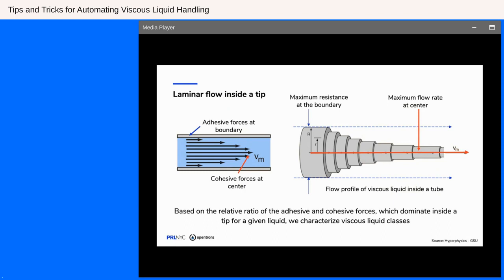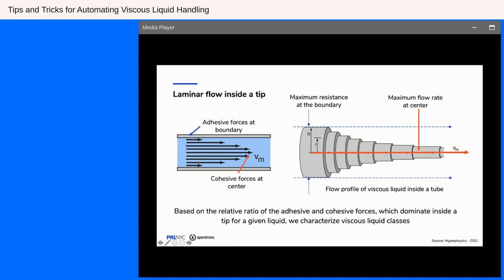As a basic guideline, let's take an example of how liquid flows through the tip. For simplicity, we are considering the tip as a pipe. On the left-hand side, we see a pipe with liquid flowing through it. When you press the plunger of your pipette, the liquid starts flowing, and there are a lot of frictional forces at the boundary, or the wall, of the tip.